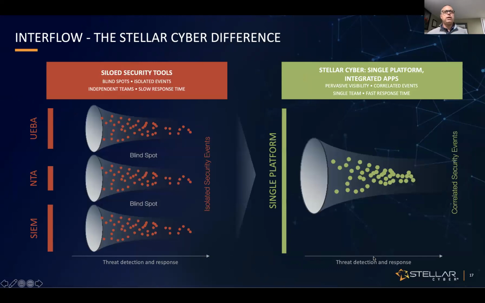The way that we do this at Stellar Cyber is through a process that we call Interflow. Instead of just ingesting raw logs from multiple different devices, our sensors and collectors and API integrations pull the security interesting metadata out of the raw logs and put it into a standardized format.